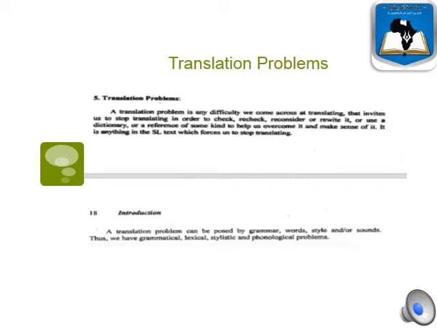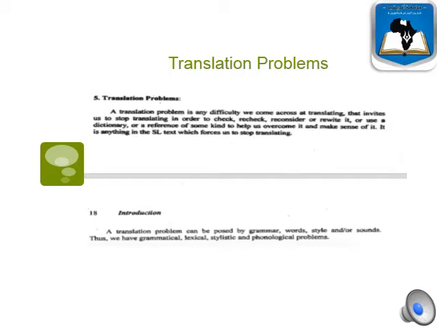Again, a translation problem can be posed by grammar. Sometimes we face problems with grammar, word selection, or word choice. We may put an inappropriate word that doesn't go with the text, or even the style, or sound.